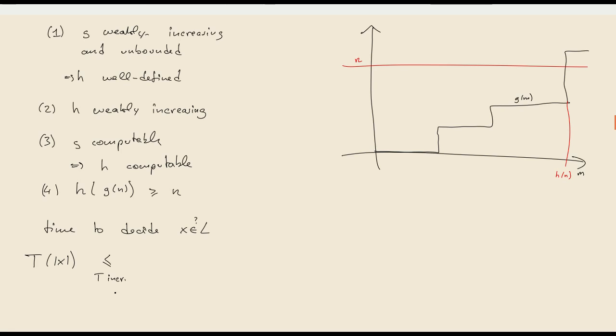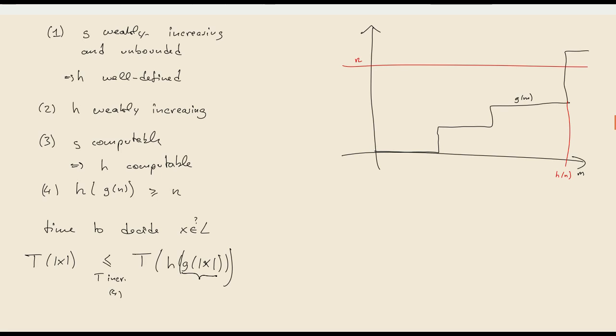So we use property 4 here, with setting n to the length of x. So we insert this, h of g of length of x. First the length, g, h, t. It's a bit messy with all the parentheses, but apart from that, it's a simple argument.